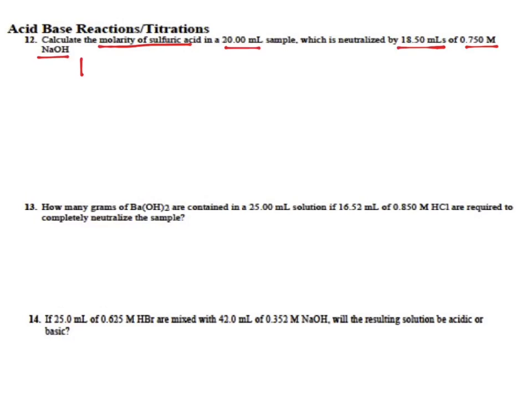So sulfuric acid is H2SO4. And we react it with NaOH. When an acid and a base react, what are the two things we get? Water. So I'm going to write water as HOH plus a salt.